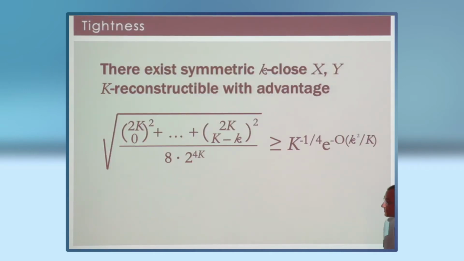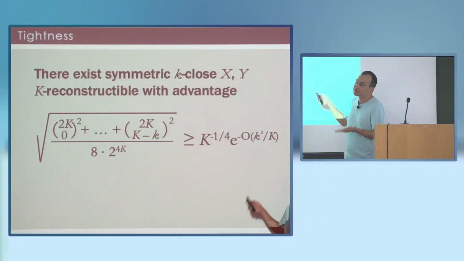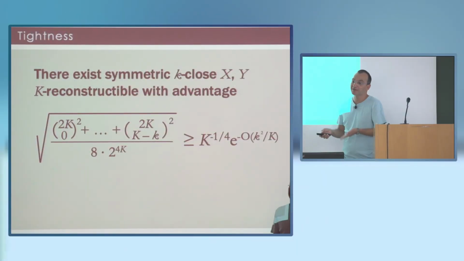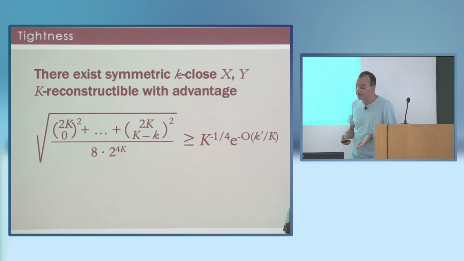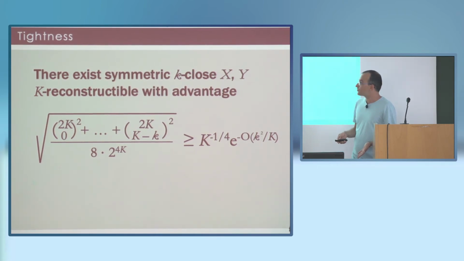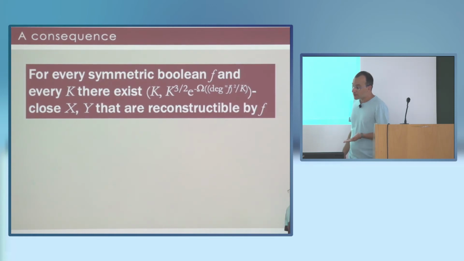So this turns out to be tight. It's not very surprising, but there are actually examples, even for the n function, where we can distinguish with that advantage. And one other consequence is that you can look at all possible symmetric distinguishers, and this notion of approximate degree has been studied for them. We know exactly what it is.